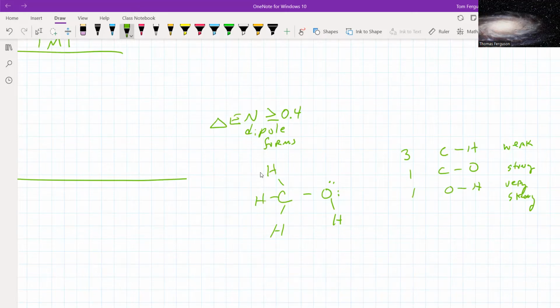Okay, so if you look up the delta EN for C-H, it's like 0.4. C-O is going to be like 1, so this is going to be like 1.4.